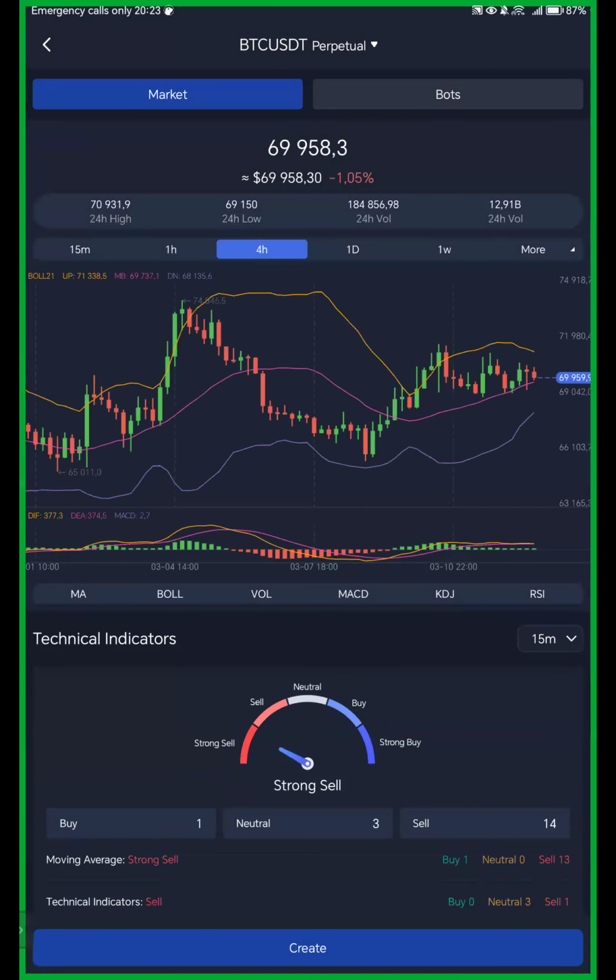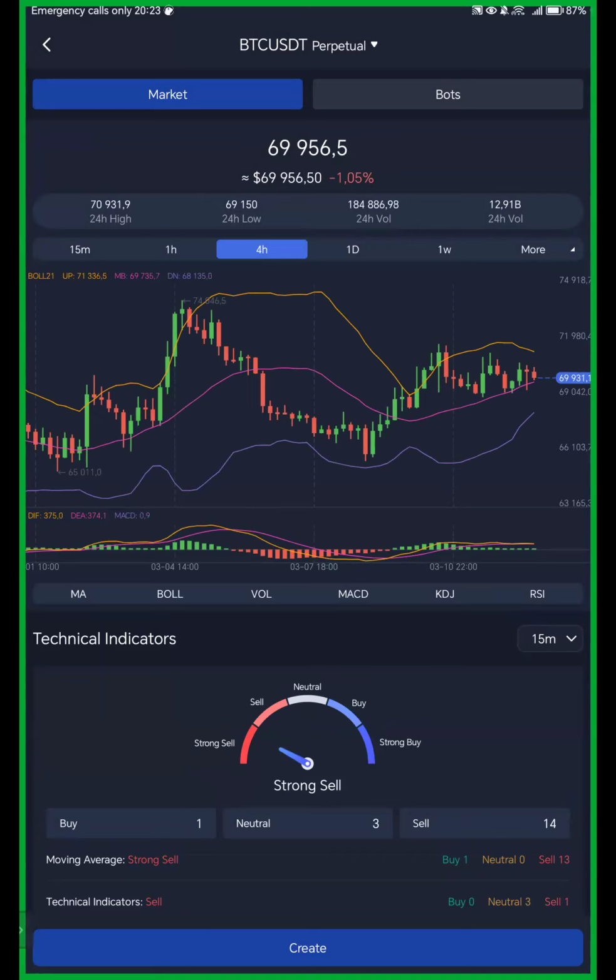This is under the futures market, okay? I'm doing this under the futures market. Right. So when you come and open the coin, it is going to have this type of a display. All right. It is going to have this type of a display.